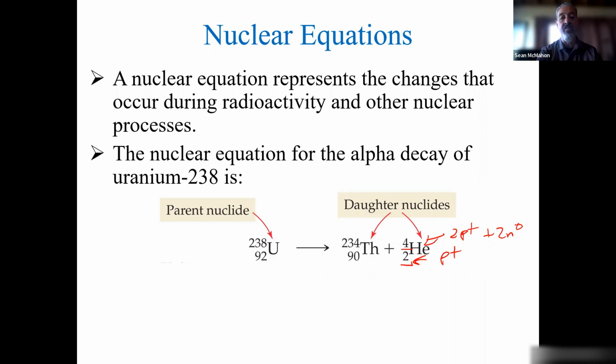So that's why the mass number is 4. A lot of times for an alpha decay, instead of helium, they would actually write the alpha symbol. I'll just keep it simple and keep it as helium.